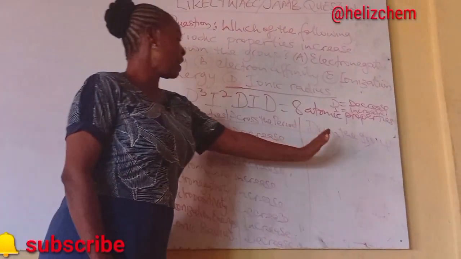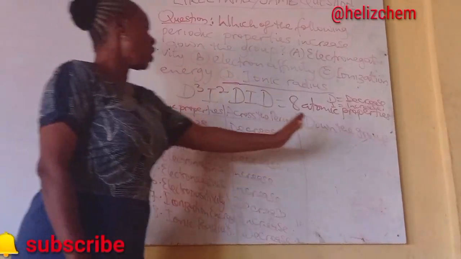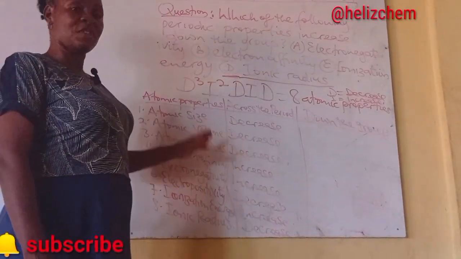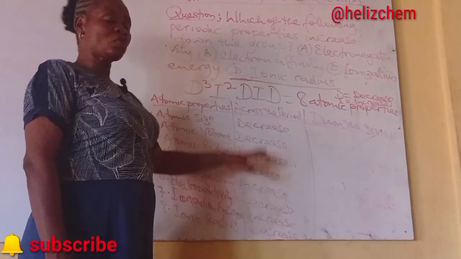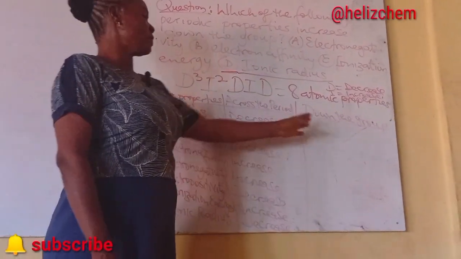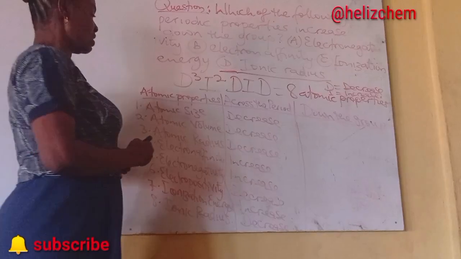So for this other one, this one will be the opposite of this. You are only concerned with the first one. Once you know this first one, the opposite is for down the group.